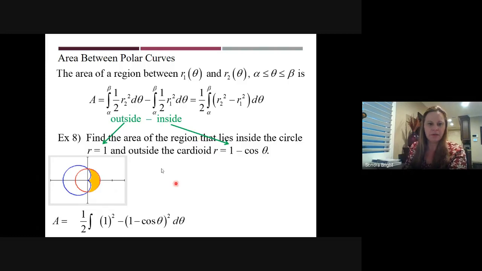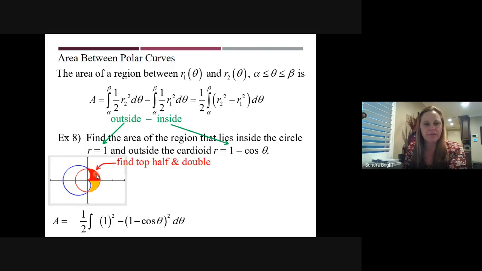All right, so I've got 1/2, put the integral symbol. I'm going to fill in my limits in a minute. 1 squared, which is your R2, minus (1 minus cosine of theta) squared, so R2 squared minus R1 squared. Now, here's the deal. You can simplify things, especially with polar graphs, with symmetry.